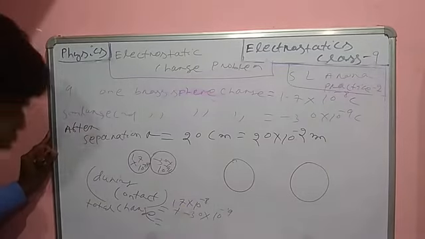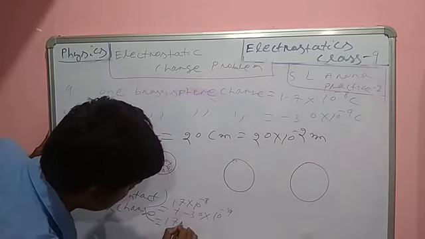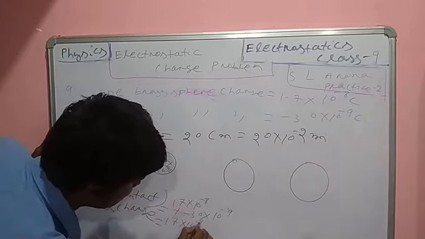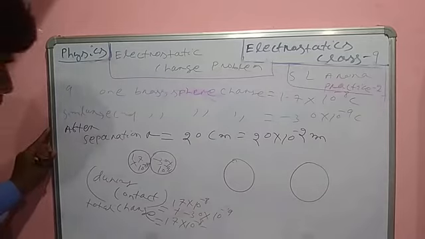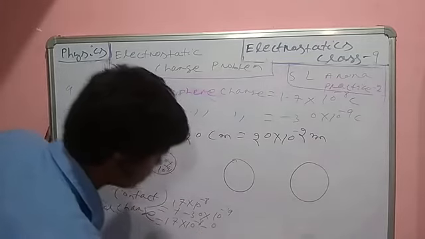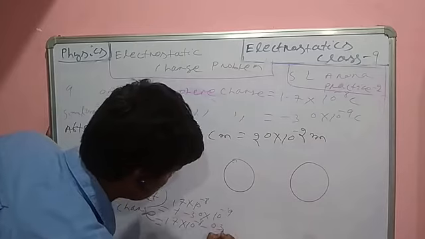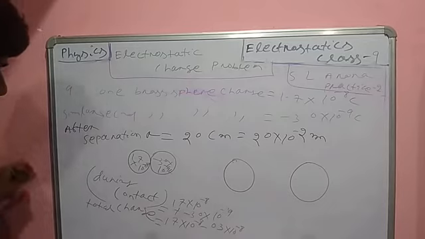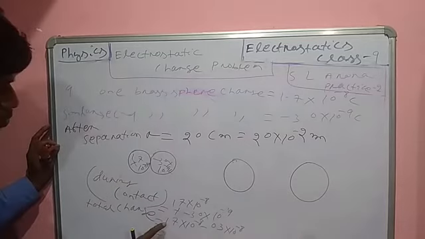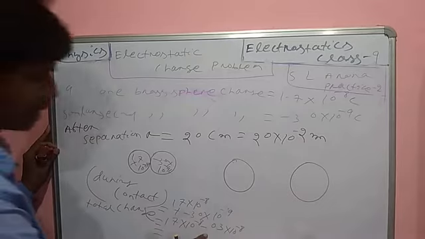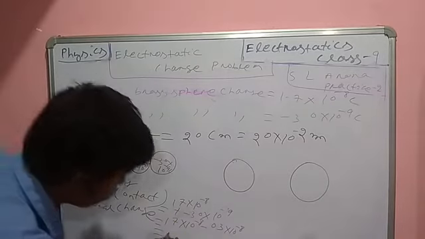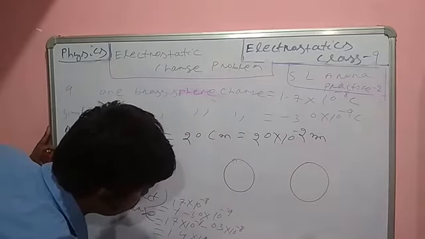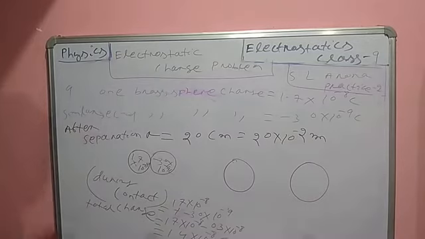In this case, 1.7 into 10 to the power minus 8 minus 0.3 into 10 to the power minus 8 can be written. So 1.7 minus 0.3 is 1.4 into 10 to the minus 8 coulomb.